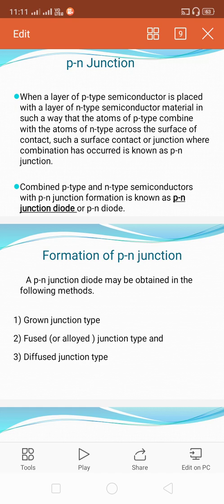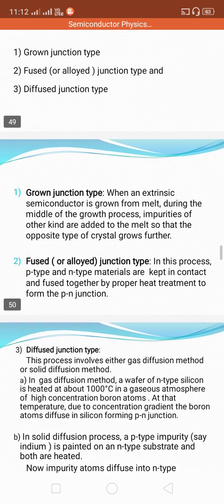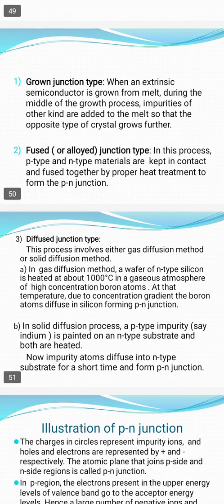When we deposit fifth group elements on this molten portion and cool it, we get the PN junction layer. That is the grown junction method. When an extrinsic semiconductor, P type or N type, is grown from melt, during the middle of the growth process impurities of the other kind are added to the melt.